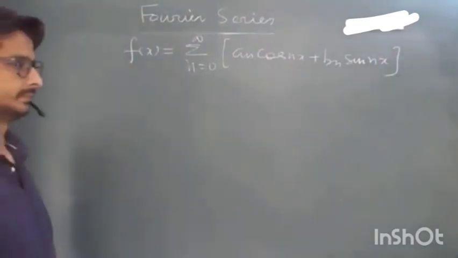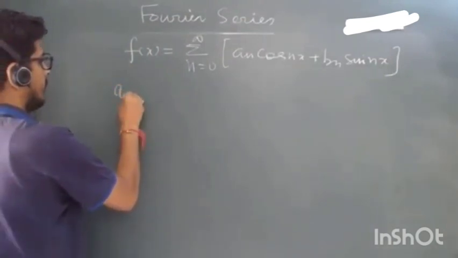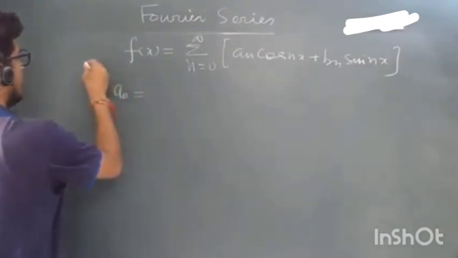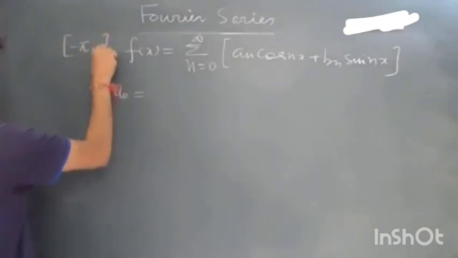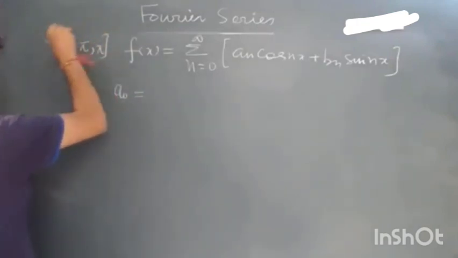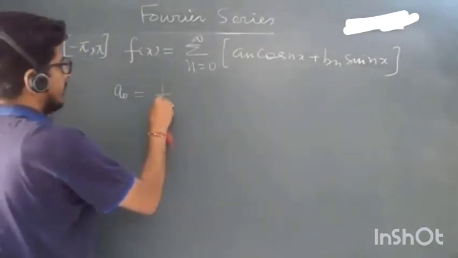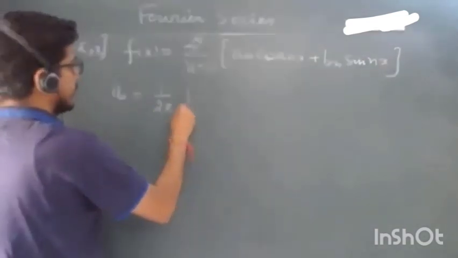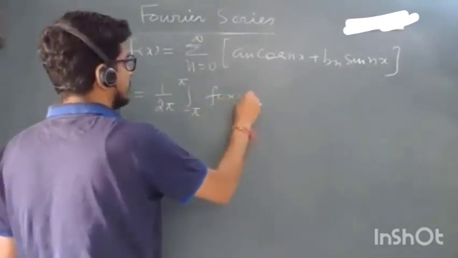Then, if this is your series, then you will write a naught is, and the range is minus pi to pi, which I am discussing right now. Then a naught will become 1 by 2 pi, minus pi to pi f(x) dx.